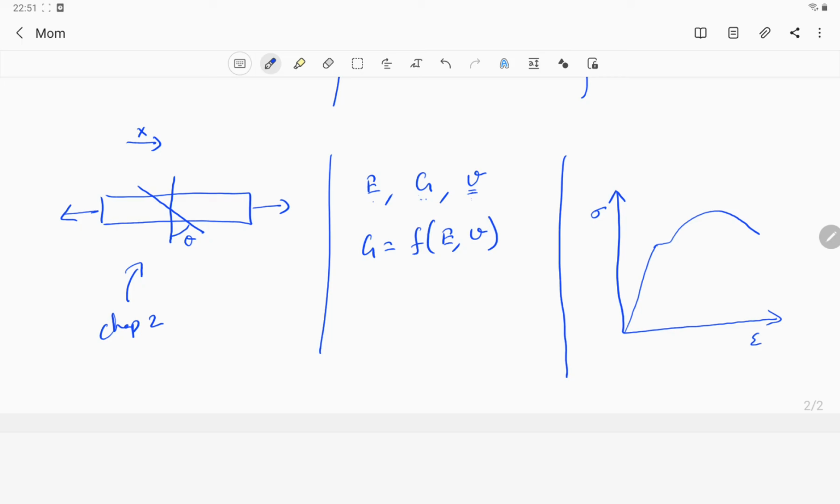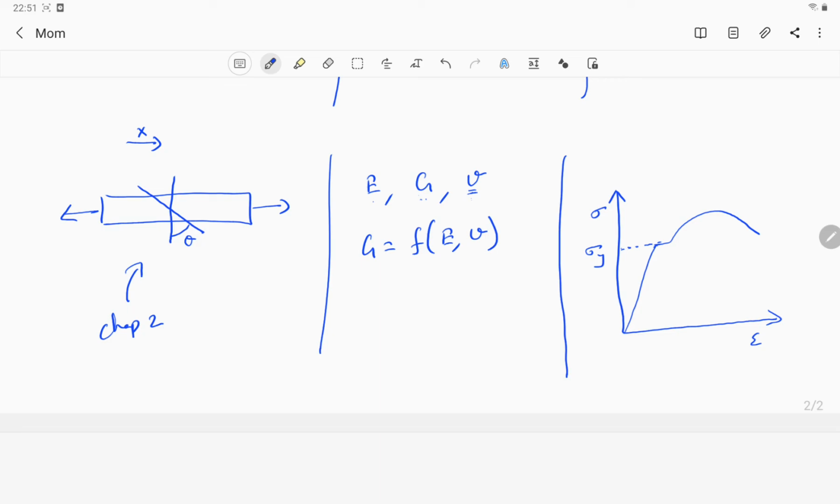Some properties we can learn from this stress strain curve. One is the yield limit, the point at which there will be some permanent deformation that begins. That particular stress value is called yield stress, and we can denote that by sigma y.